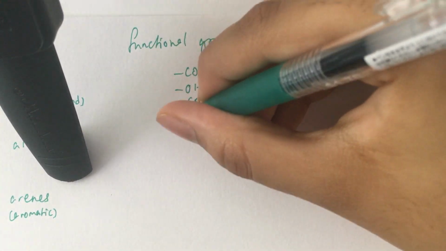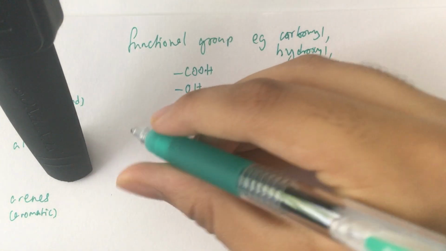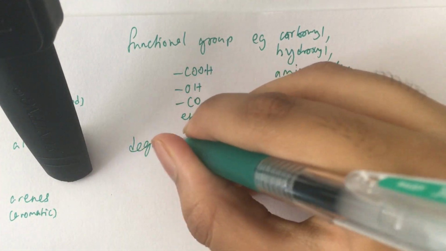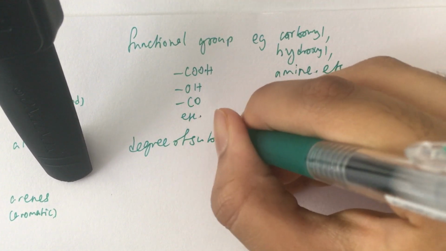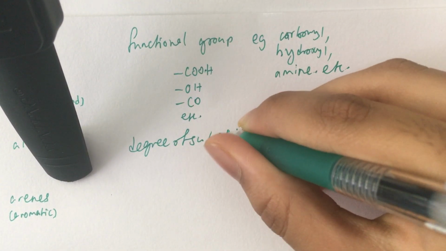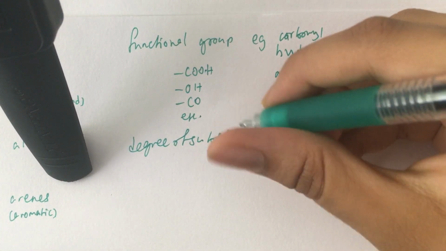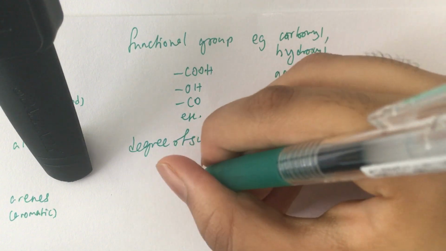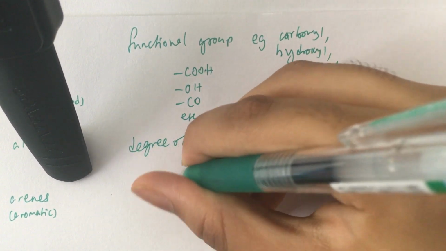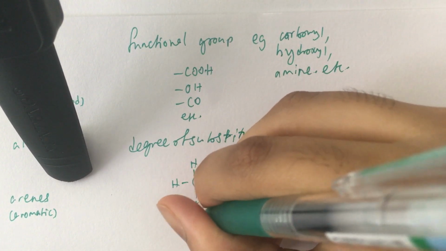Okay, so next one is degree of substitution, which is pretty simple to say. We have 4 degrees, which is primary, secondary, tertiary, and quaternary. The reason why is because a C has 4 bonds. So if we start off with CH4.